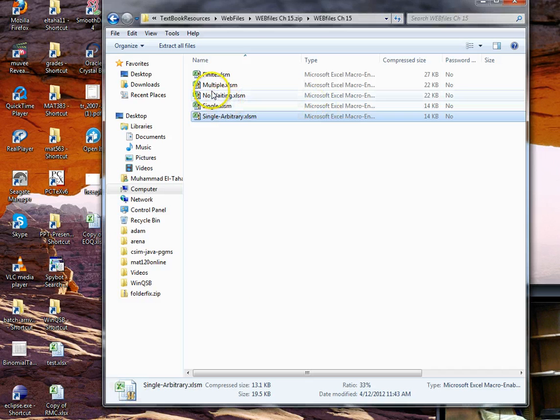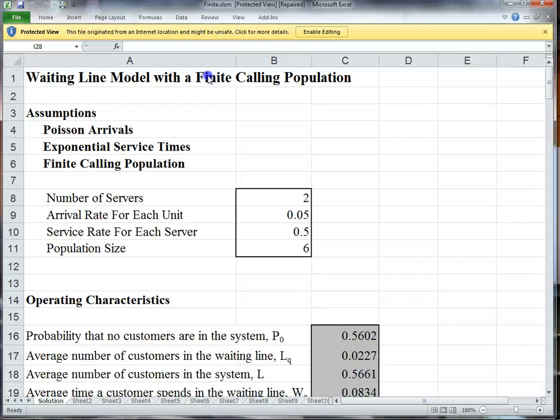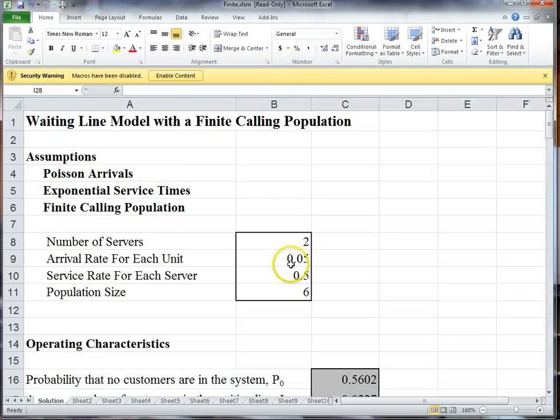And say, now let's look at the finite model. So here, in this case, I have Poisson arrivals, exponential service times. I have a finite calling population, like I have machines maybe that need to be repaired. I don't have infinitely many of them. I only have, in this case, 6 of them. I have 2 servers, 2 repair persons.